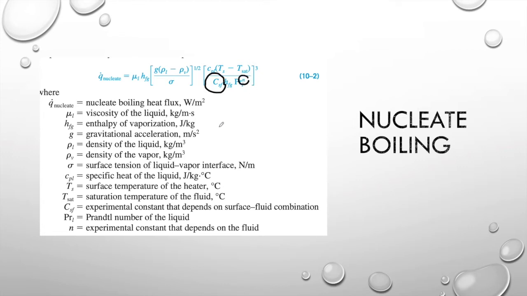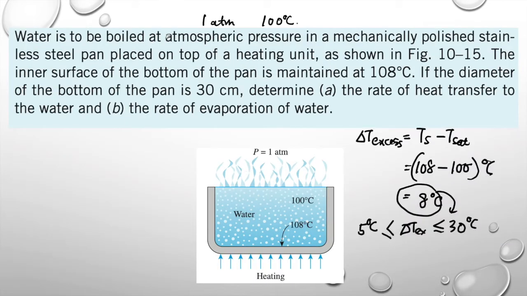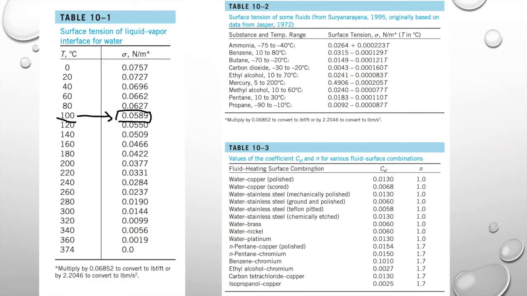To get the values of C_sf and n, we refer to table 10.3, where we have to determine the fluid-heating surface combination. In this problem, we use water as the fluid, and the pan is a mechanically polished stainless steel pan. So here we have water, stainless steel, mechanically polished.